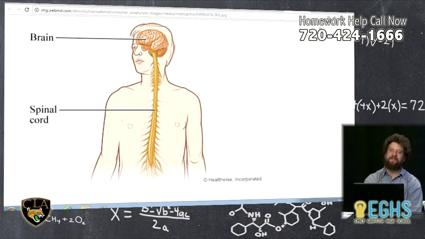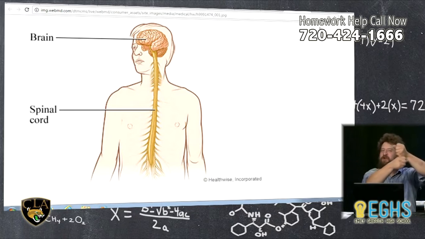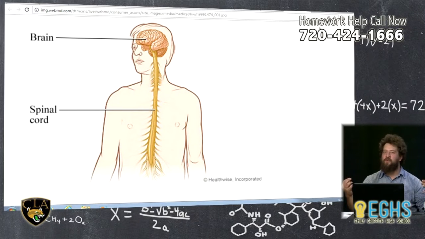So this is just a really simple diagram that shows the brain and the spinal cord. The spinal cord is just like a really thick braiding of nerves that comes off of the brain and acts as sort of the central wire that all other neurons are connected to. And I think it is apt to describe nerves like wires.